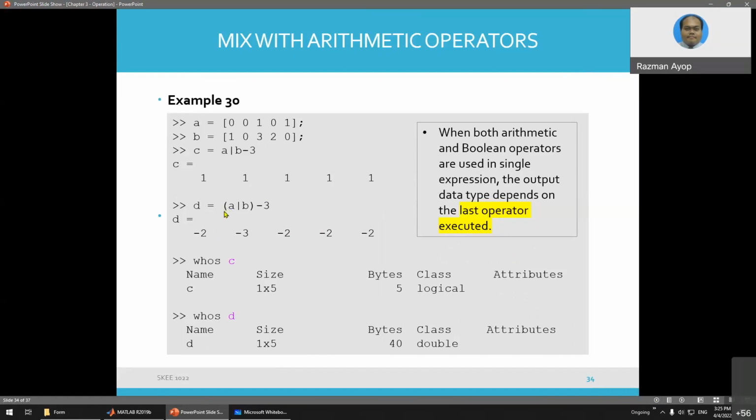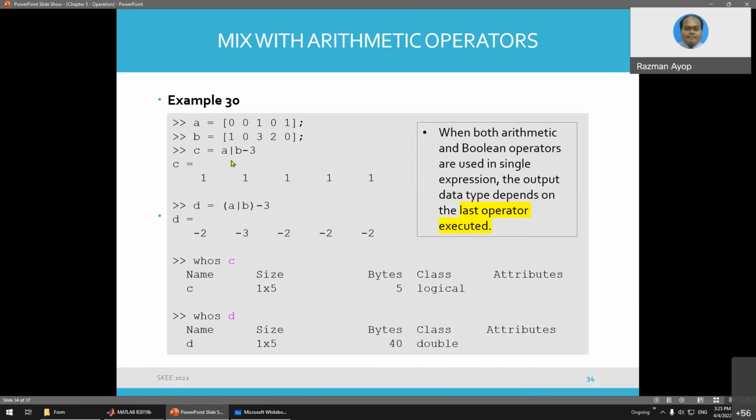For this case, you can see the bracket, so you have to solve the bracket first. After the bracket, you have a minus or subtraction, so you solve inside first and then the outside. That means the last operation is the subtraction, so D will automatically be double.